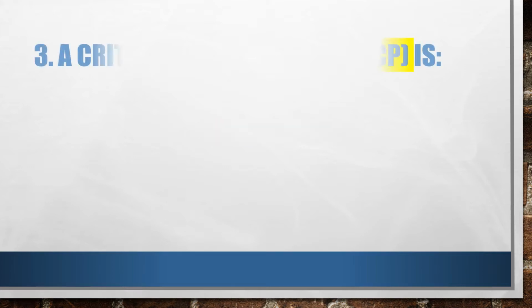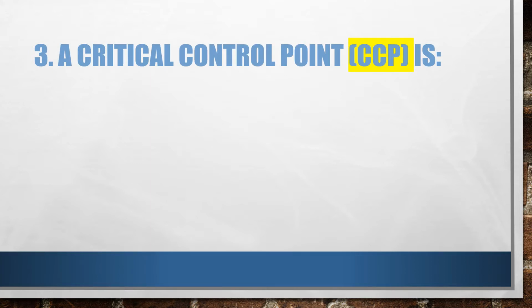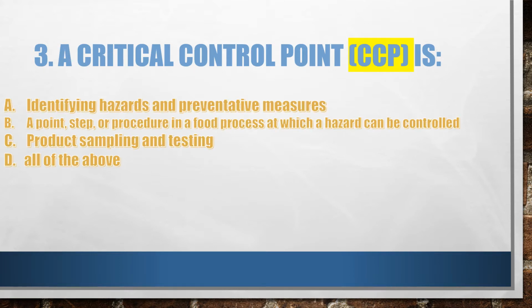Number 3, a critical control point, CCP, is: A, identifying hazards and preventative measures, B, a point, step, or procedure in the food process at which a hazard can be controlled, C, product sampling and testing, or D, all of the above.